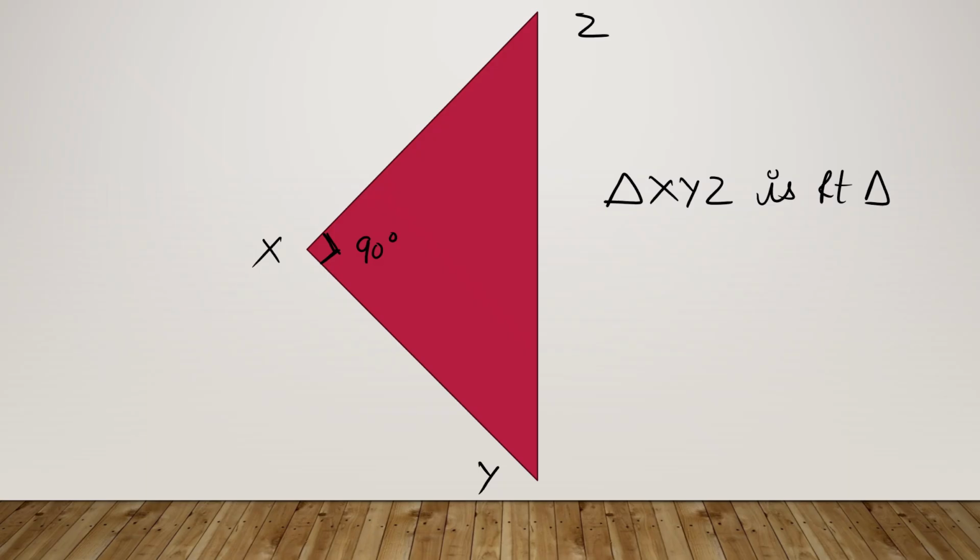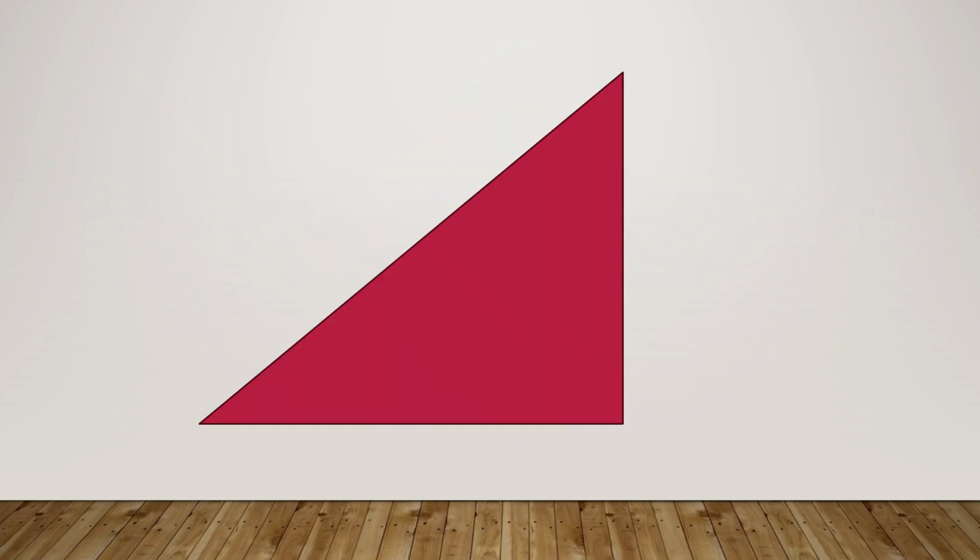Or if we write it in the clockwise form, we can simply write it as X, Z, Y is a right triangle. So it doesn't matter how we write the name; the sequence must be correct. This is a 90 degree angle, so it will be a right angle triangle. Then we will relate to the properties of these right angle triangles.